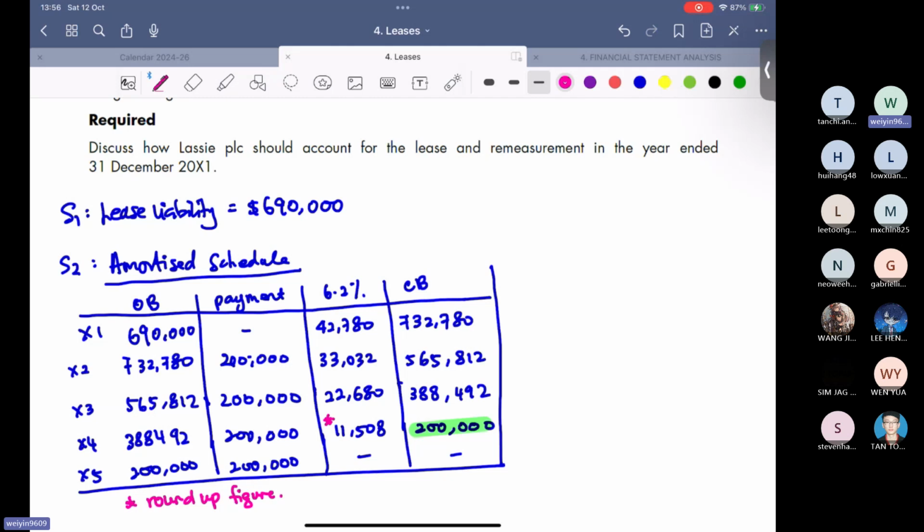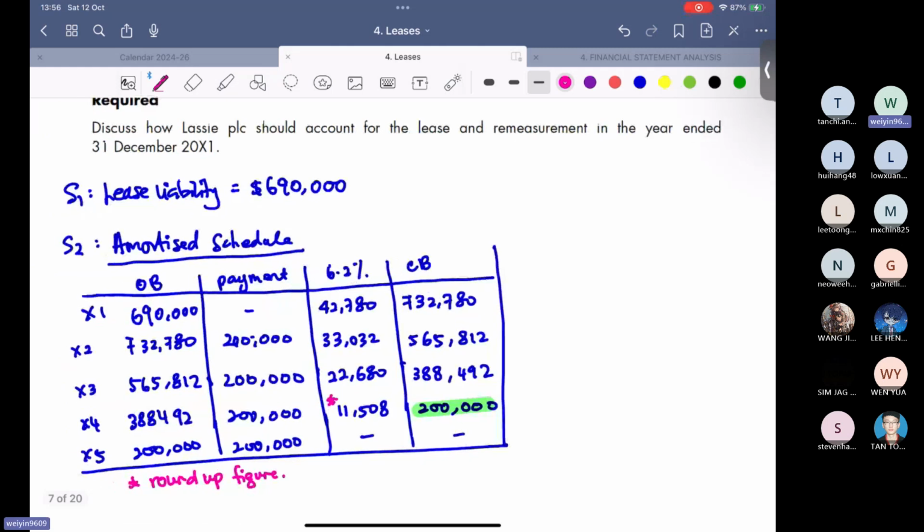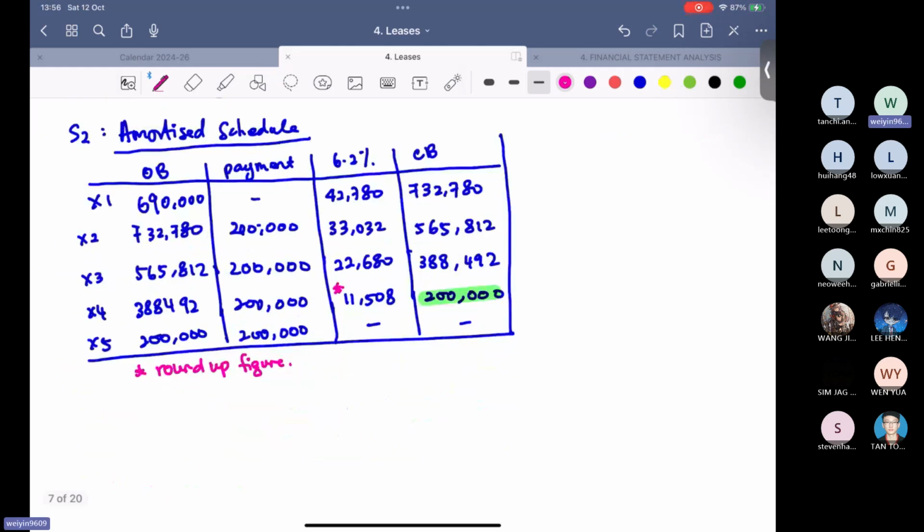Okay, can we just do S1 to S4 first? Why do we need to prepare this one? This is because this amount will be your cash flow payment. Remember, just now we learned the cash flow. So this will be the lease payment.